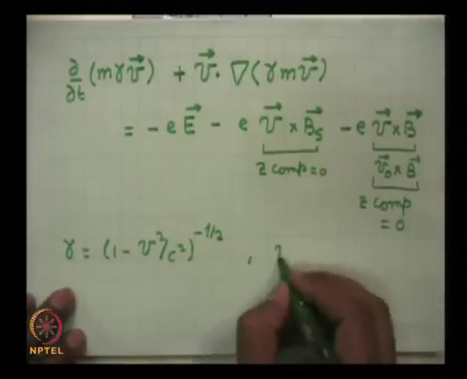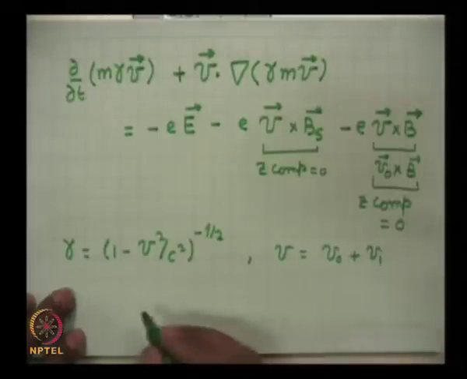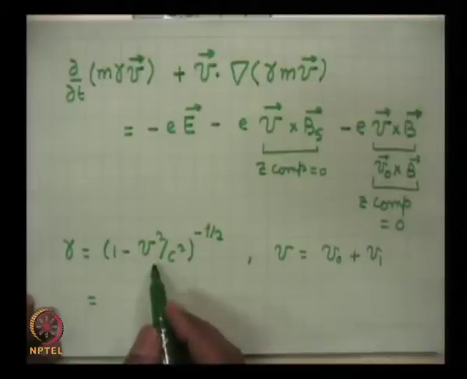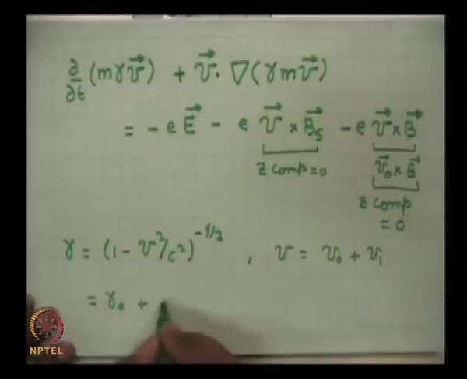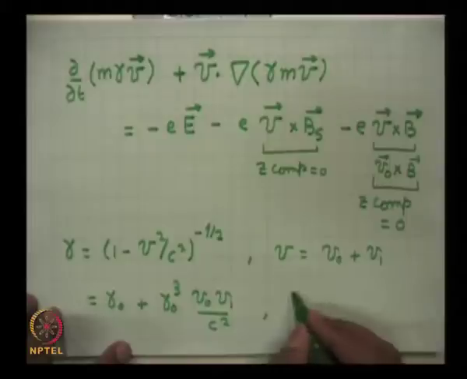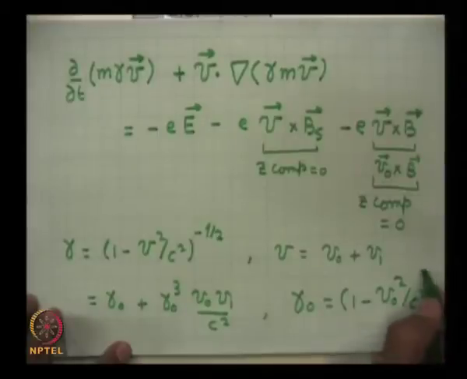So when I write velocity equal to V0 plus V1, all in z direction, if you substitute and carry out a binomial expansion, it becomes gamma 0 plus gamma 0 cube into V0 V1 by c square, where gamma 0 is 1 minus V0 square by c square to the power minus half.